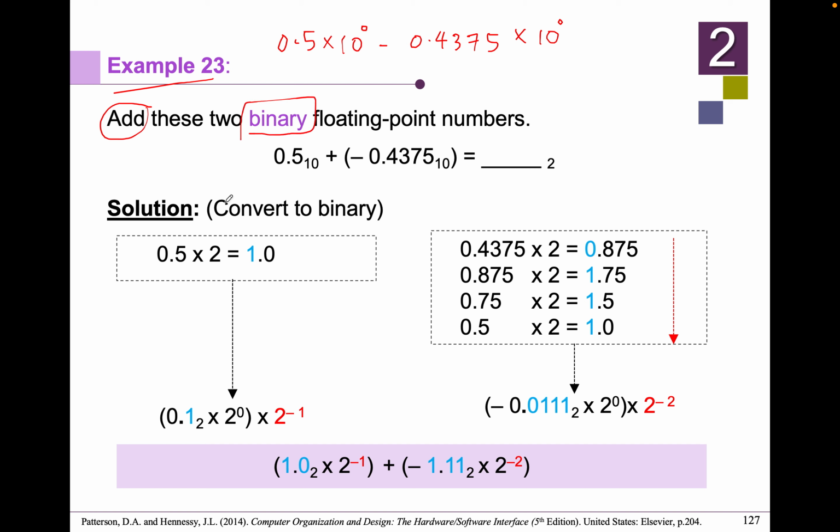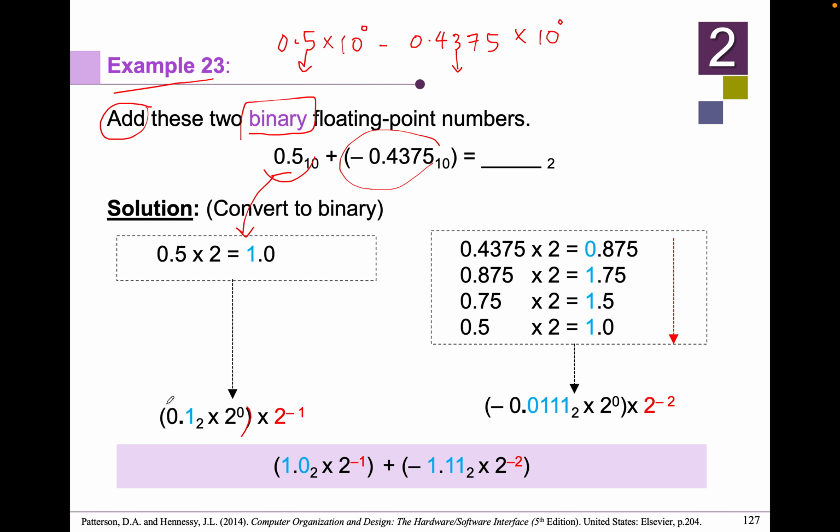So it's already mentioned: binary. You cannot add directly using your decimal numbers. That's why you need to convert first to binary, using repeated multiplication. When you convert, this one we have already done and learned together. Now you can see, if you convert, you will get 0.1 times 10 to the power of 0.